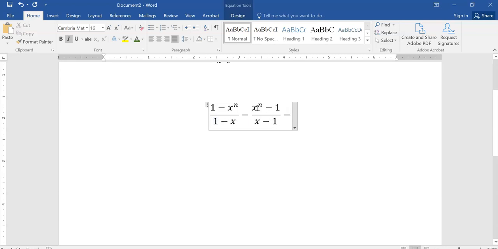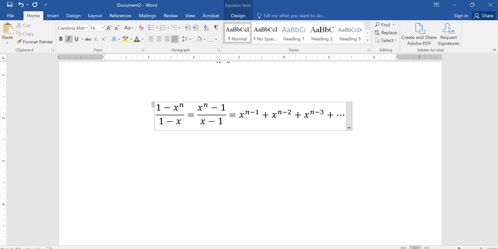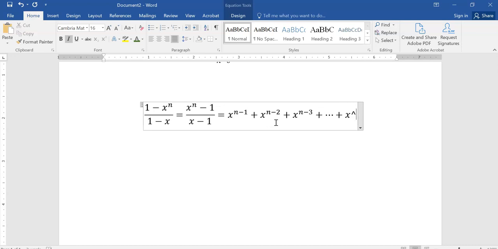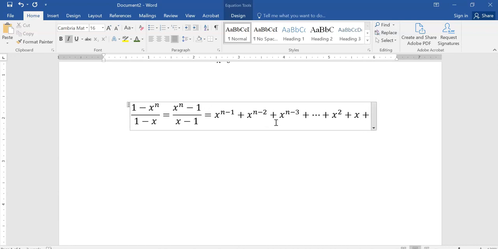Now, if you go and do a long division on x to the n minus 1 over x minus 1, you end up with x to the n minus 1 plus x to the n minus 2 plus x to the n minus 3, and so on and so forth until you get down to x squared plus x to the first plus 1.